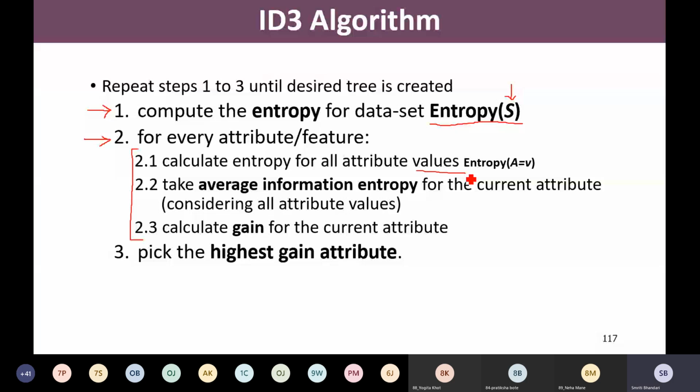What next? Next, we are going to find out the average information entropy for the attribute under consideration.